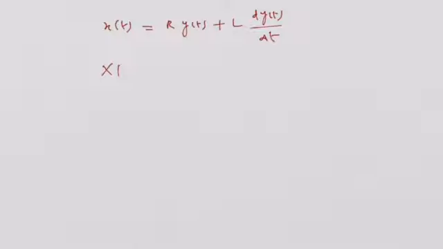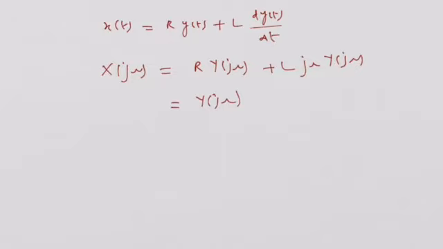If you apply the Fourier transform, this becomes X(jω) equals R Y(jω) plus L jω Y(jω). Upon taking Y(jω) as a common factor, this becomes (R + L jω), right? X(jω) is available.